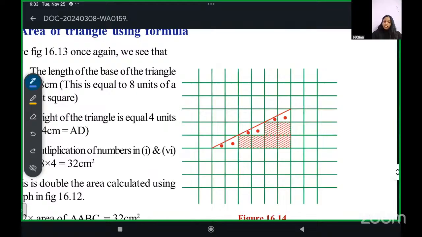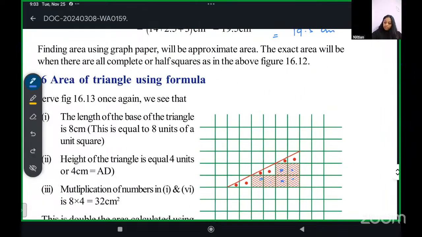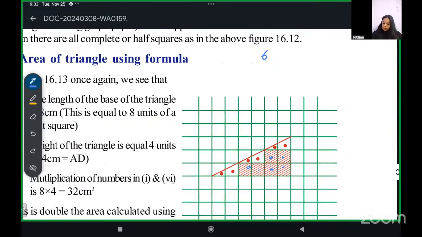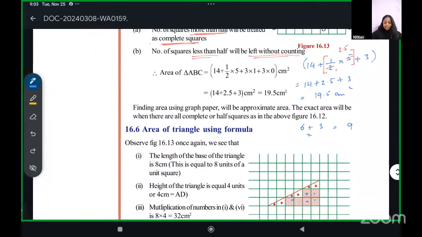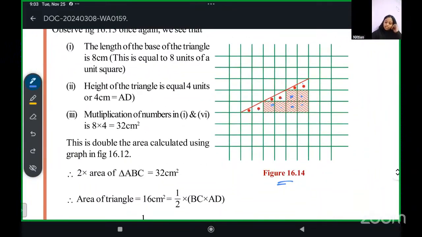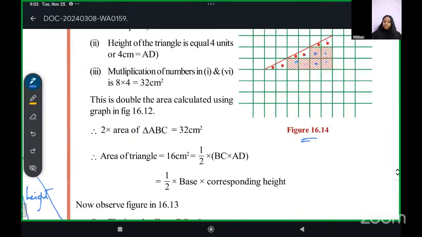If you do it with the graph paper method, then 1, 2, 3, 4, 5, 6 complete squares plus 1, 2, and 3. So 9. Yes, 9 are the complete number of squares.